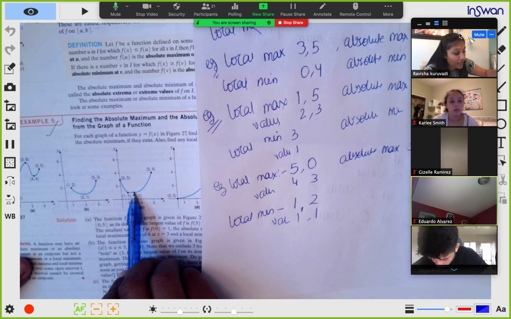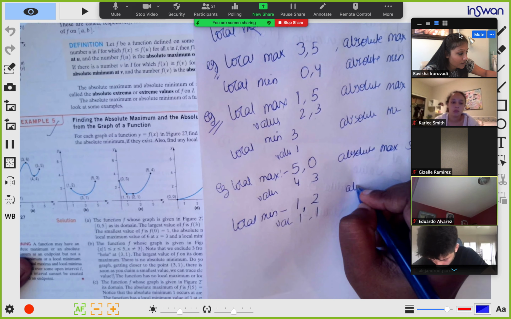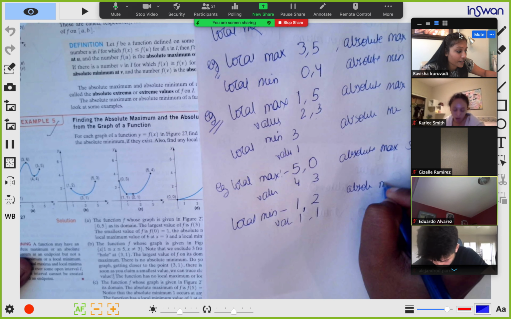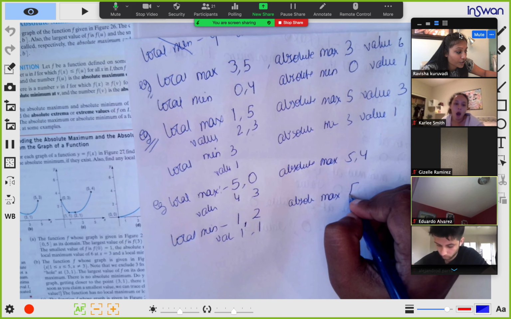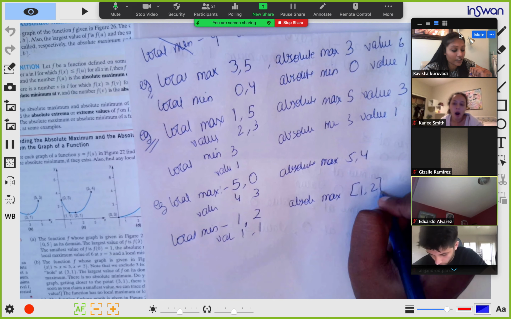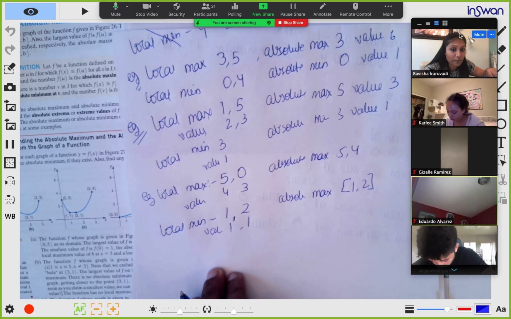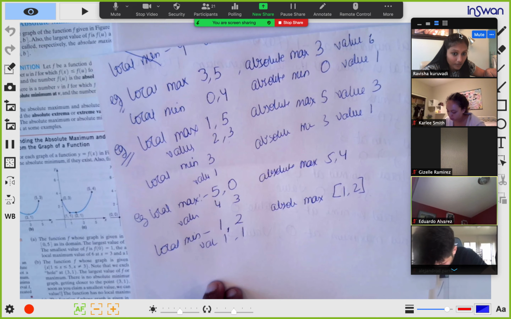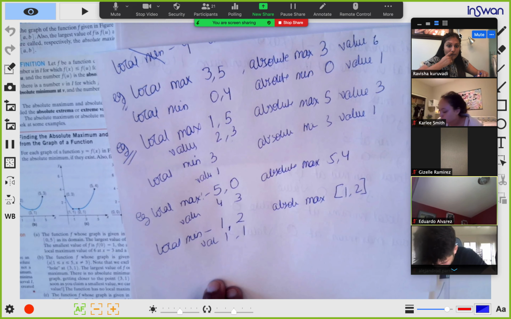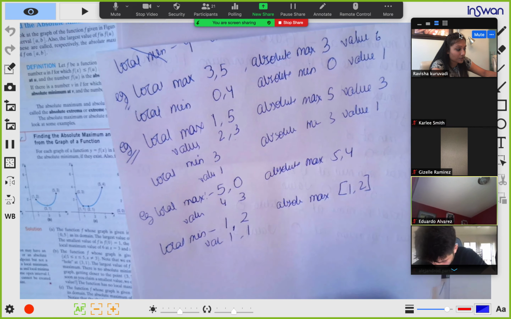Yes. So my absolute minimum will be in the whole interval from 1 to 2 because it's a constant value. Are you getting my point? Yeah, it's absolute minimum, sorry, correct.